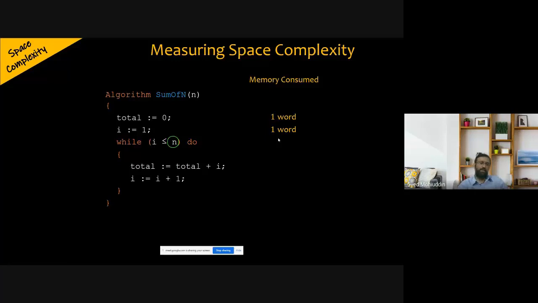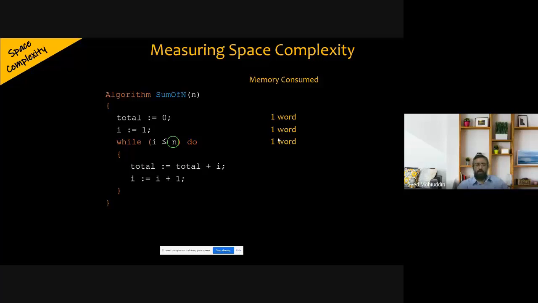We have n, which is a parameter. Now remember, earlier we considered a parameter as a simple variable. But here we are not considering it a simple variable. This is known as a referenced variable because this parameter is used inside the program, and the while loop will again try to check the condition till the condition becomes false. So it is considered a reference variable, and we assume that it also occupies 1 word.